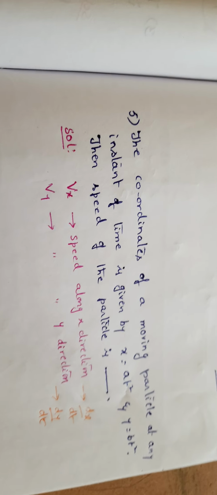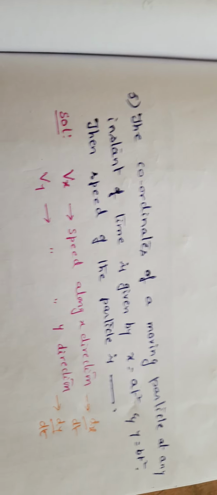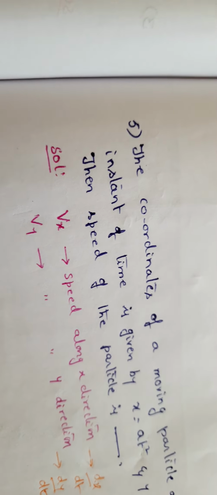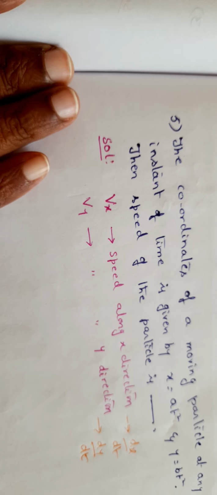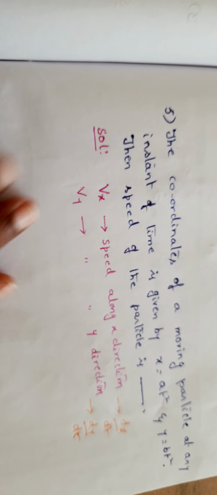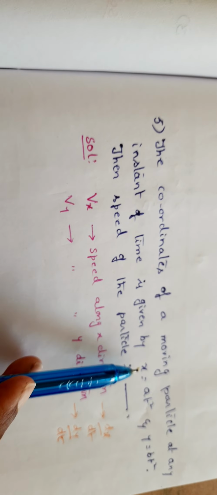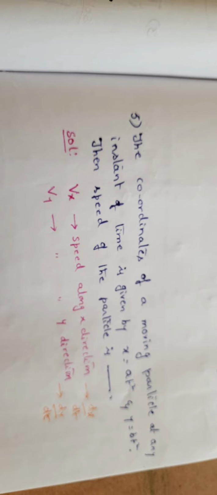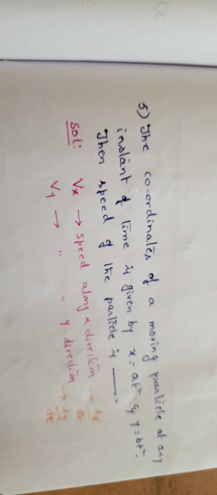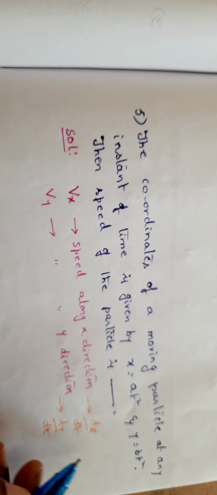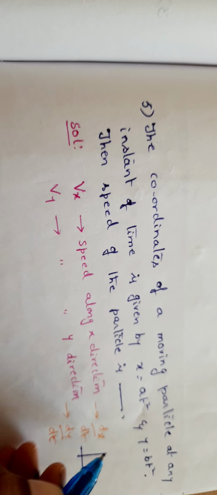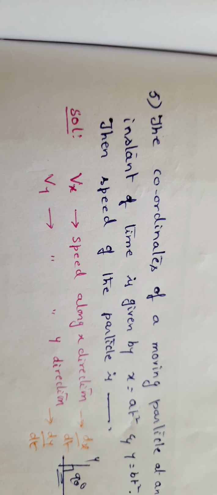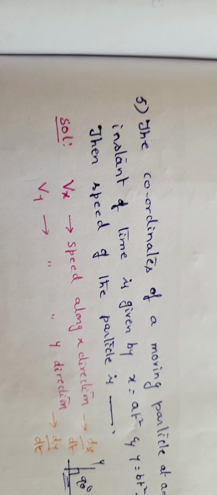So now our job is to find out dx by dt and dy by dt and thus find the resultant. Okay, right. And how are you going to find the resultant here? Though the angle is not specified directly, along x and y directions it is given, and you know very well that x and y directions means the angle here is 90 degrees.